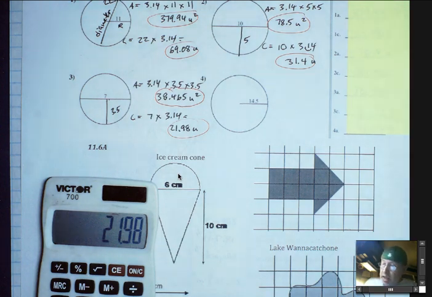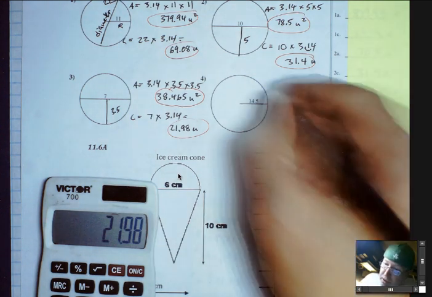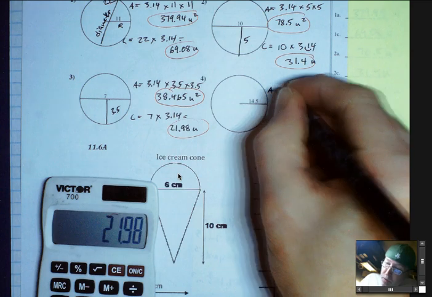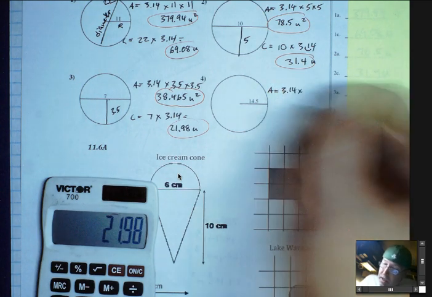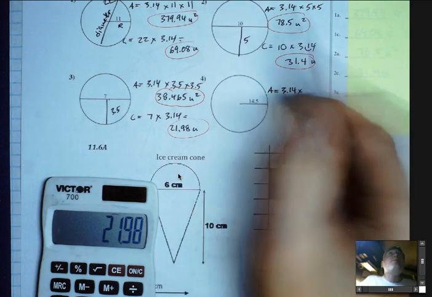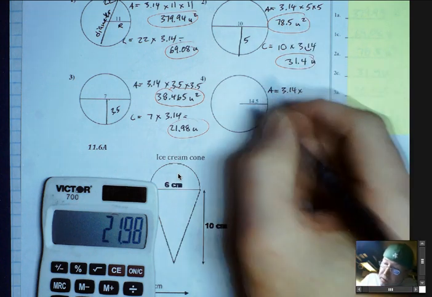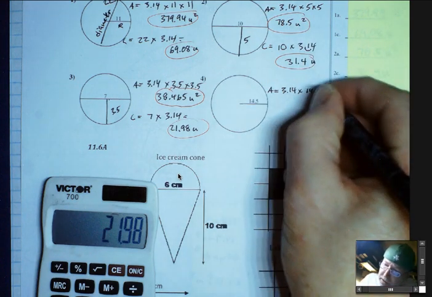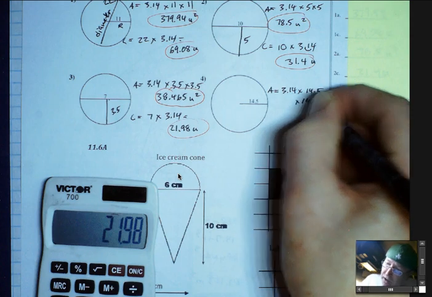Okay, let's do this last one. Get ourselves set up here for success. Area is equal to 3.14 times radius times radius, so it's going to be 14.5 times 14.5.